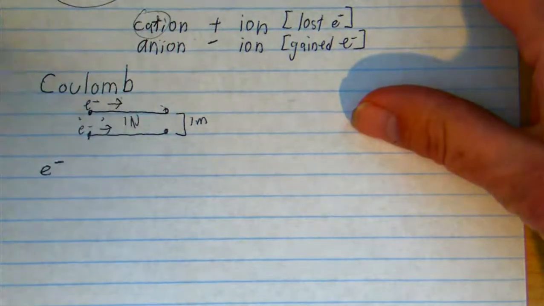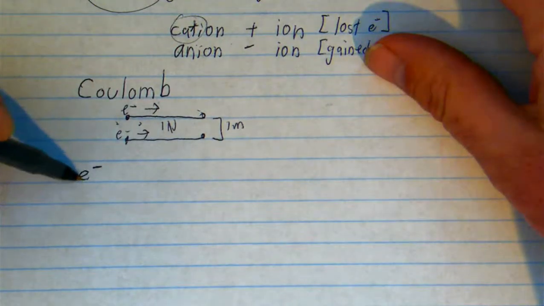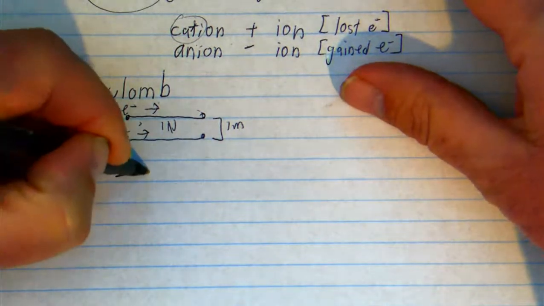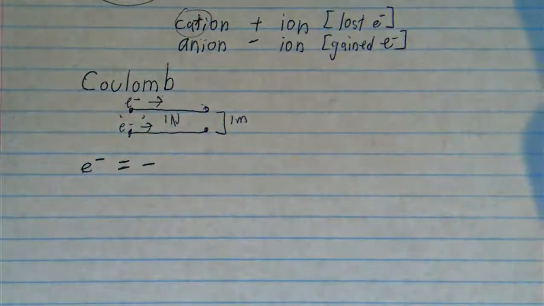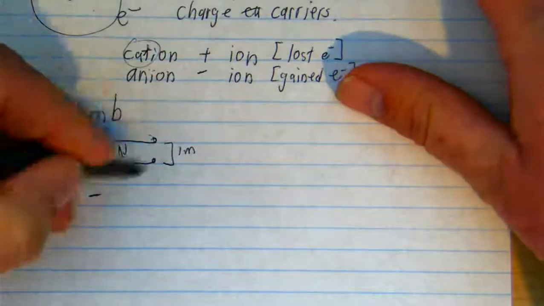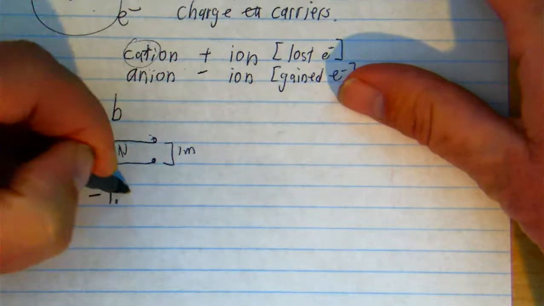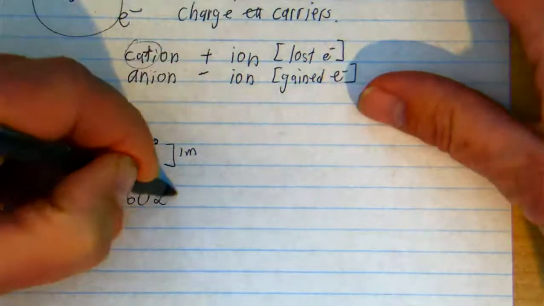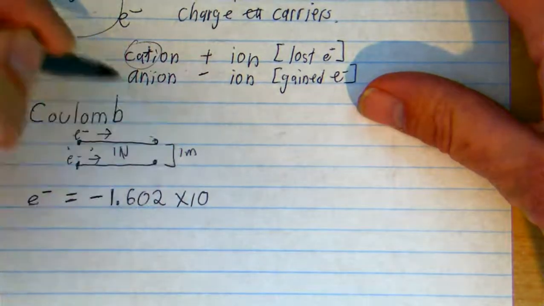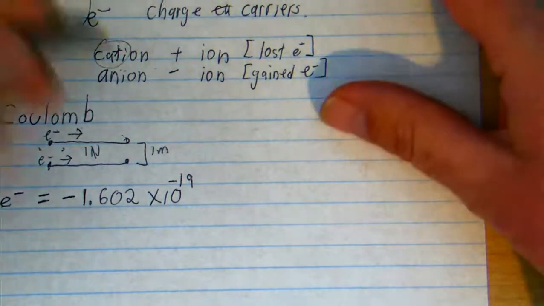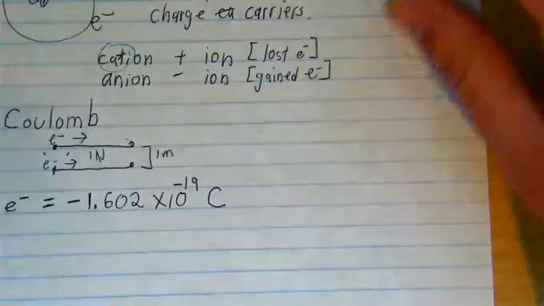So, ignoring the history of how he came up with it, the amount of electricity on 1 electron has been measured to be negative, because it's a minus charge, thanks to America's first scientist, minus 1.602 times 10 to the negative 19th power coulombs.